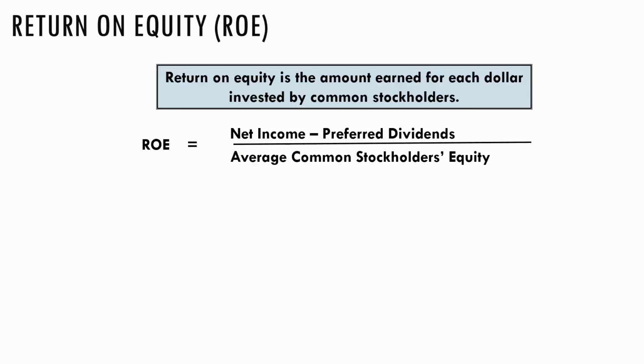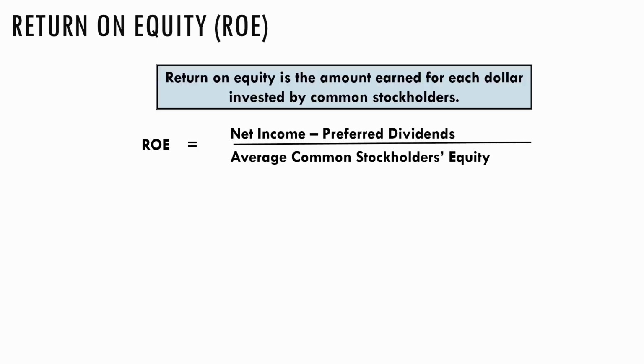Return on equity, okay? Return on equity is very similar to earnings per share, except instead of looking at average number of shares outstanding, you're going to look at the average value of stockholders' equity.